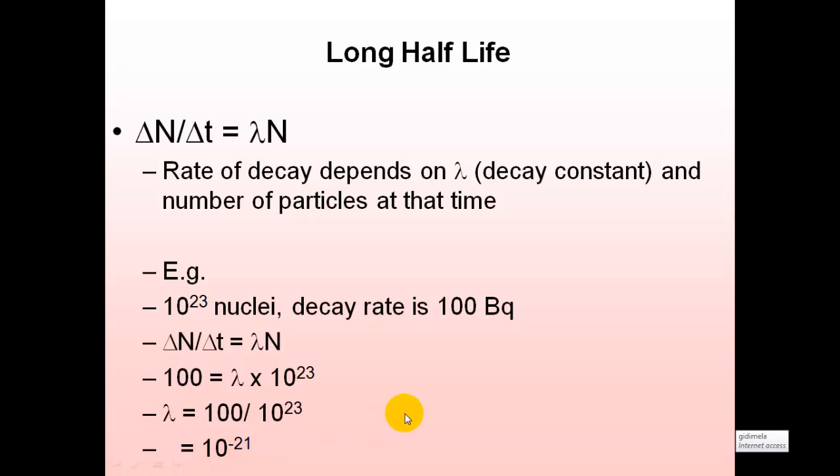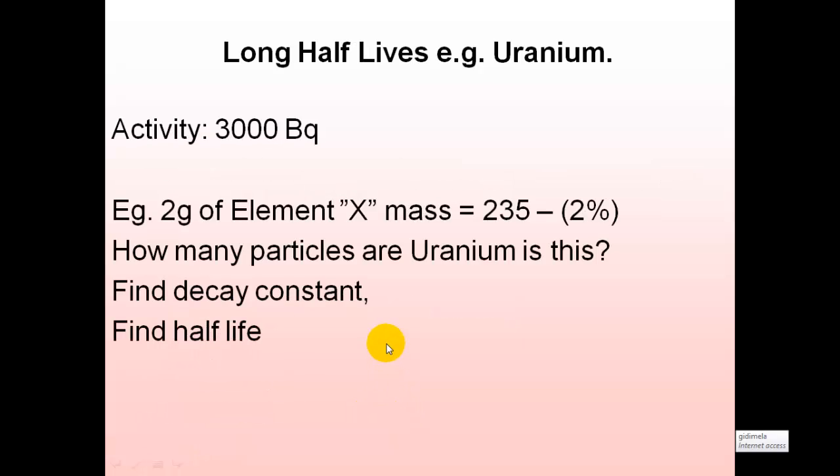Another example for you to do is if we know the activity is 3000 becquerels, we need to find 2 grams of that element of a mass which has 235, and that's only basically 2% pure. So we have an element X which is 235. We want to find 2 grams of this material, but only 2% of it is the nuclide which is decaying.